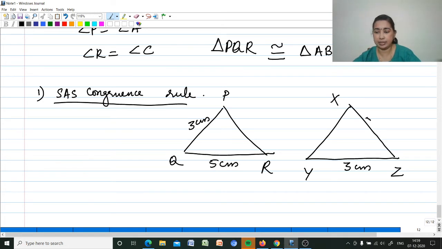Here XZ is given as 5 centimeter and this angle is given as 40 degree. Here angle Z is 40 degree.